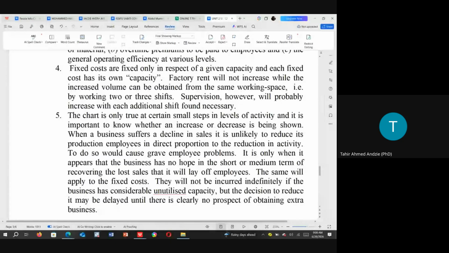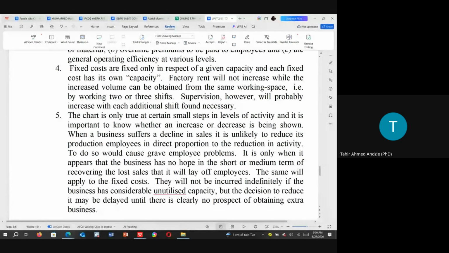It is only when it appears that the business has no hope in the short or medium term of recovering the losses that it will lay off workers or employees. The same will apply to fixed costs. They will not be incurred indefinitely if the business has considerably underutilized capacity.